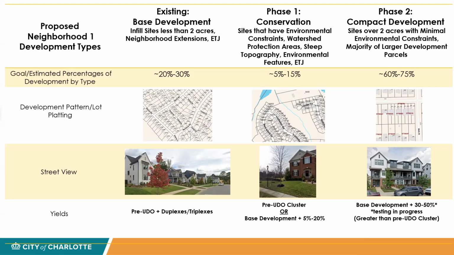Right now, the numbers and the sites that you're seeing combine the ability to do smaller sites with the ability to do duplexes and triplexes. That's what's getting you that higher number. So it's not that we didn't have a tool before, we did. It's really the building types being used that is changing the dynamic. Next slide.